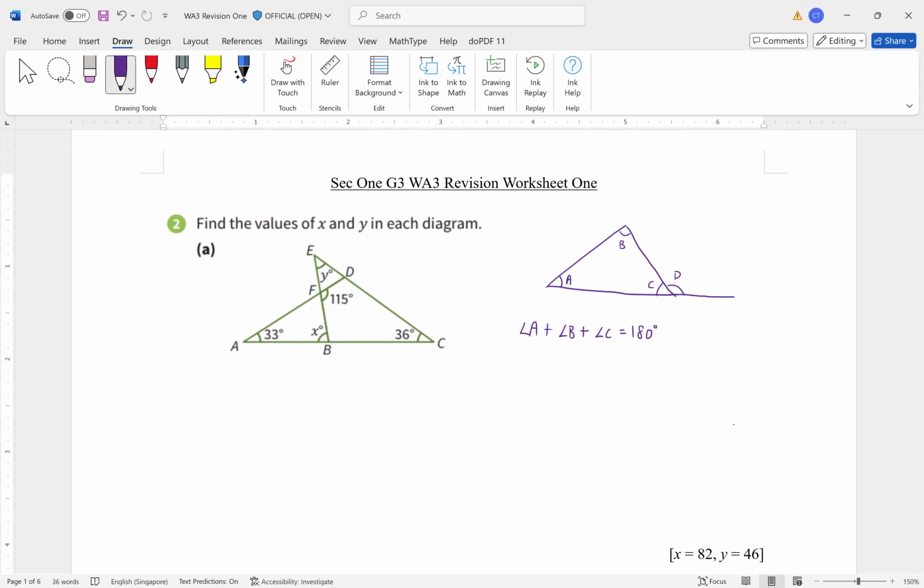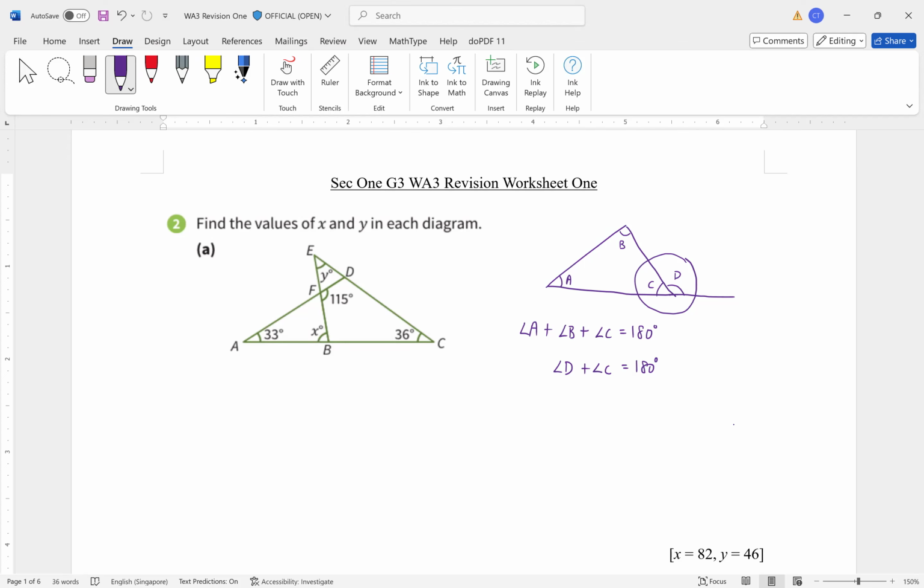But if we focus on this part of the diagram, angles C and D are adjacent angles on a straight line. We also know that adjacent angles on a straight line add up to 180 degrees. So I can also write angle D plus angle C equals 180 degrees.